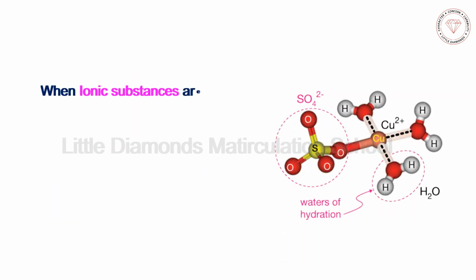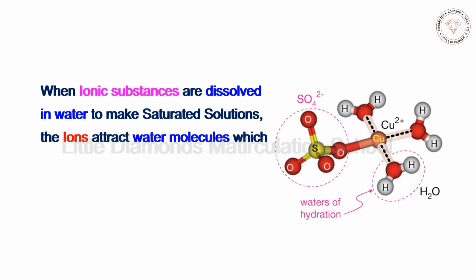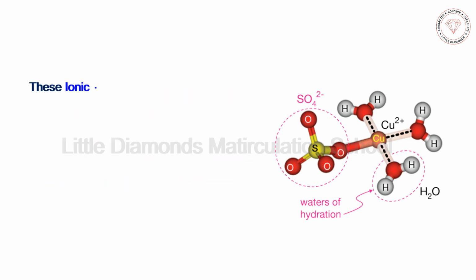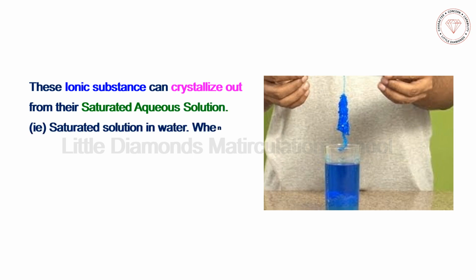When ionic substances are dissolved in water to make saturated solutions, the ions attract water molecules which get chemically attached in a certain ratio. This is known as hydration. These ionic substances can crystallize out from their saturated aqueous solution, that is, a saturated solution formed with water.